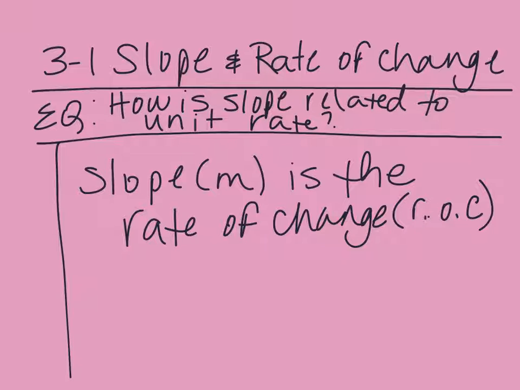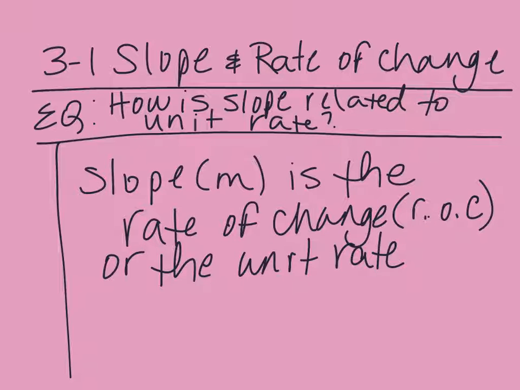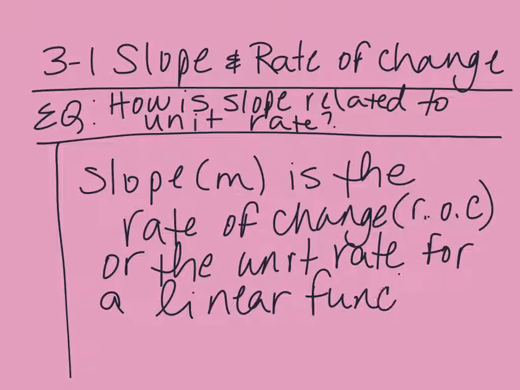I've seen that, constant rate of change. Okay, or the unit rate. So that's how they're related. They're the same thing. And then we're going to add here for a linear function. Okay, so you have to have a line before you can find the slope.